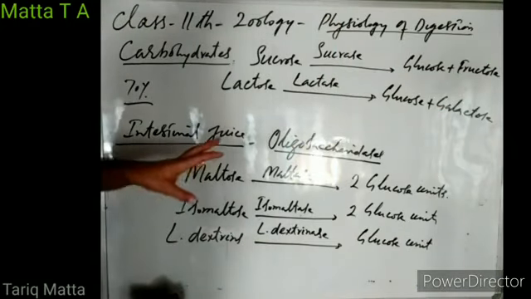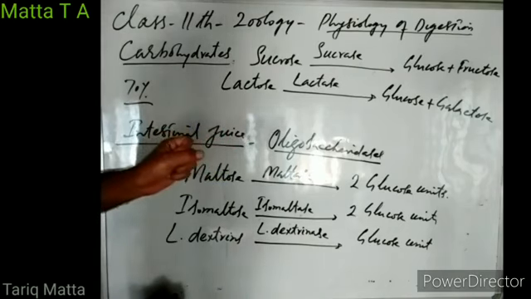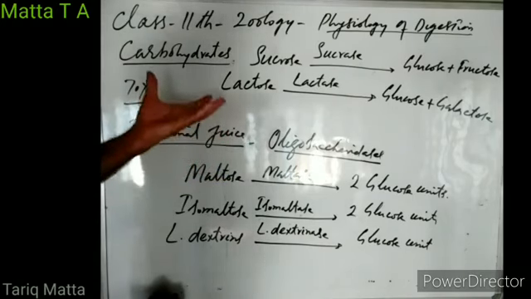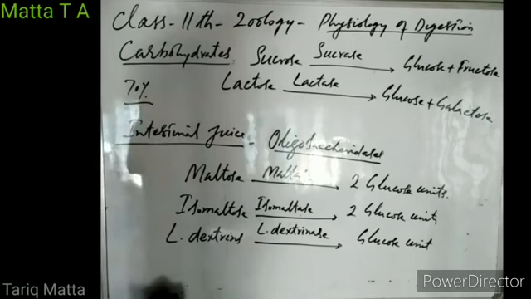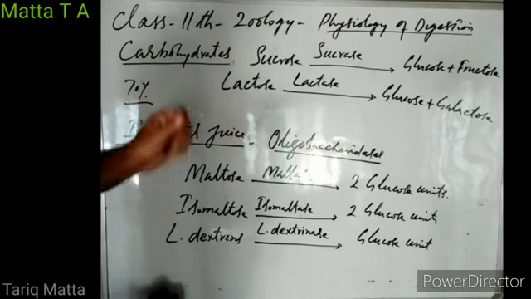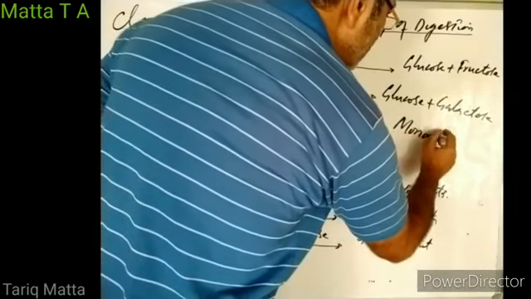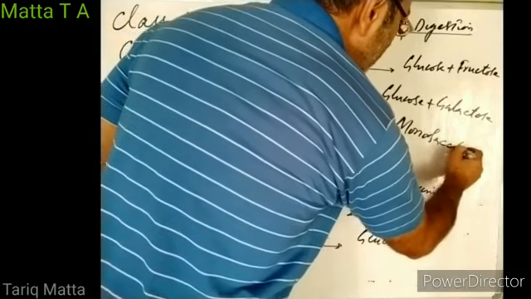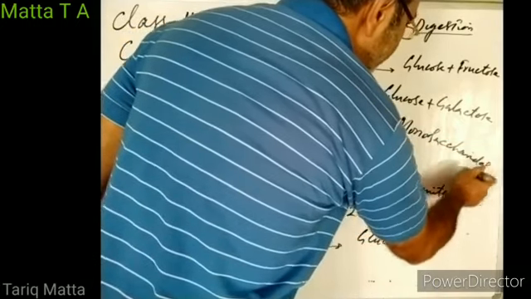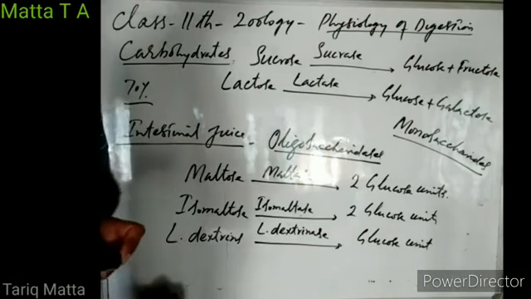So at the end, monosaccharides are produced. So what is the end product of starch digestion in our body? The end product of starch digestion in our body is monosaccharides. The most abundant monosaccharide is glucose, right?